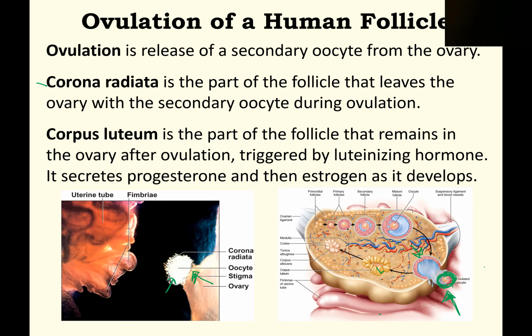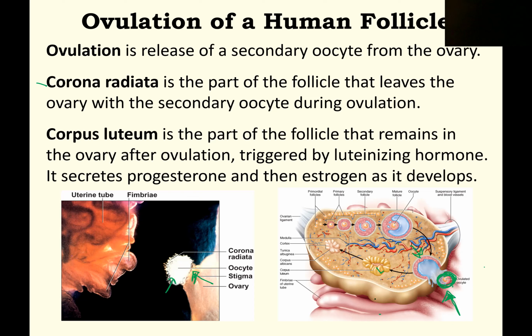The corona radiata is the layer that the acrosome on the sperm is going to have to penetrate in order for fertilization to occur.